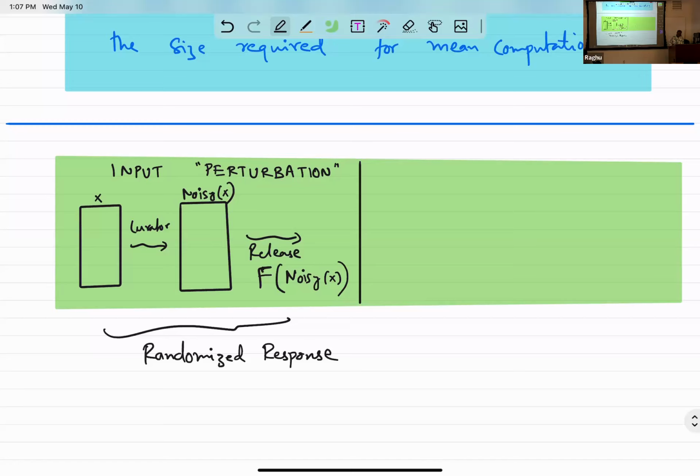All right. And if there's input perturbation, what else can we have potentially? Output perturbation, right?